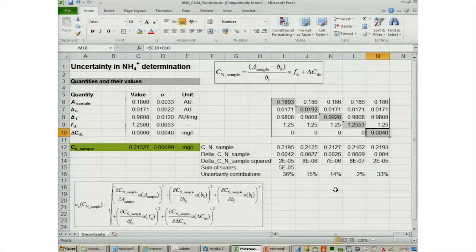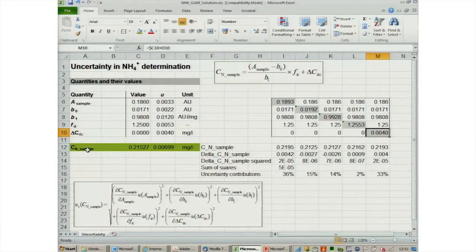We can now also make here a nice presentation of the result as result with uncertainty expressed as expanded uncertainty, and also a correct number of digits here.